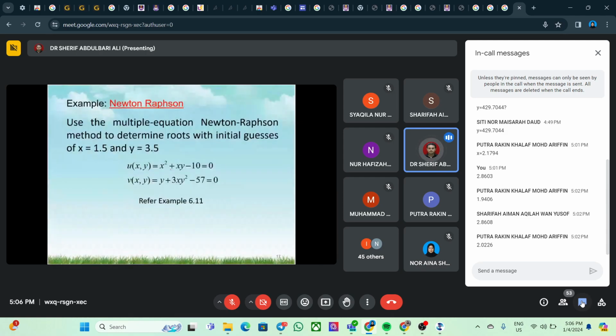If we follow the same example that we solved using fixed point, we are supposed to get the answer x equal to 2 and y equal to 3.